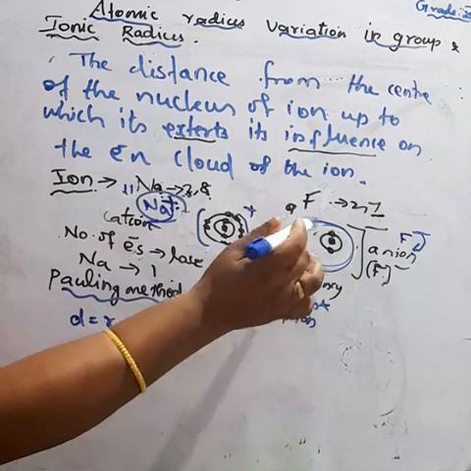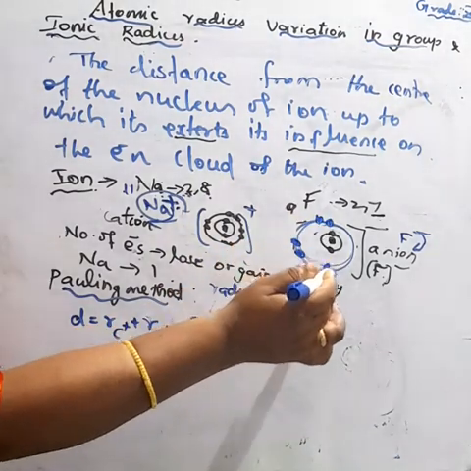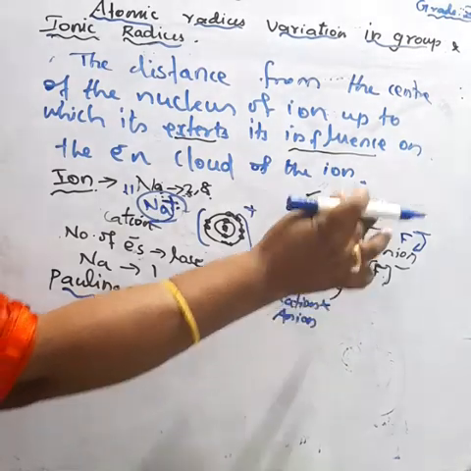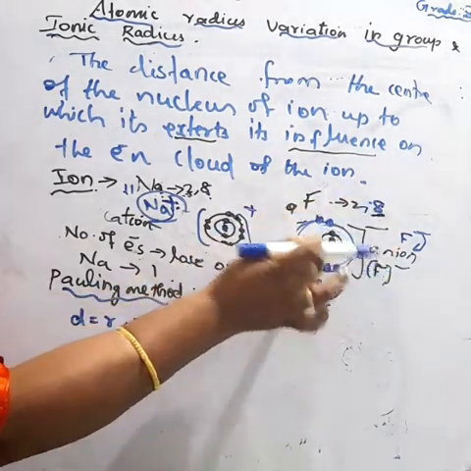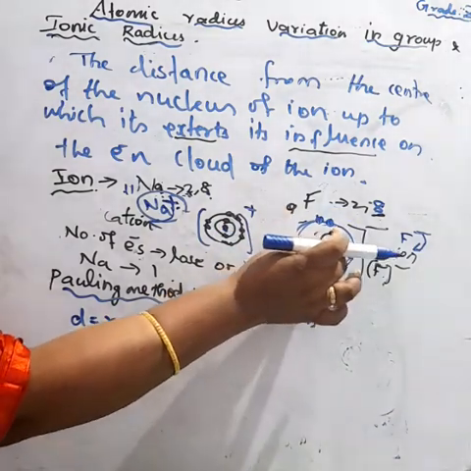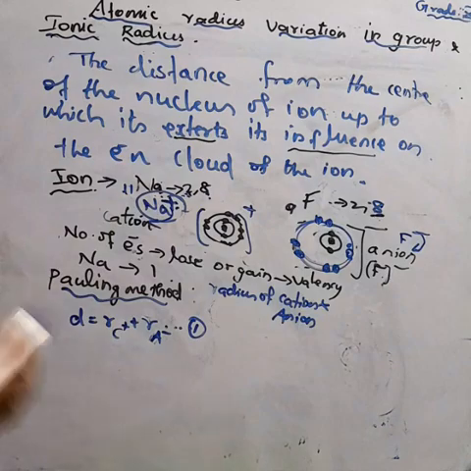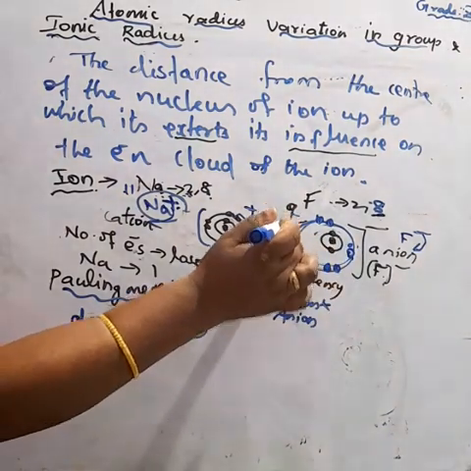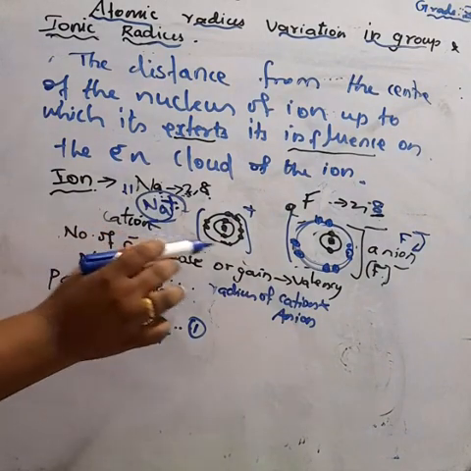Here the number of protons is 9, but the number of electrons is 10. Understood? So the nuclear force is very low here, because the number of electrons is high. Nuclear force is low, so the size of the anion will be higher than the size of the neutral atom.